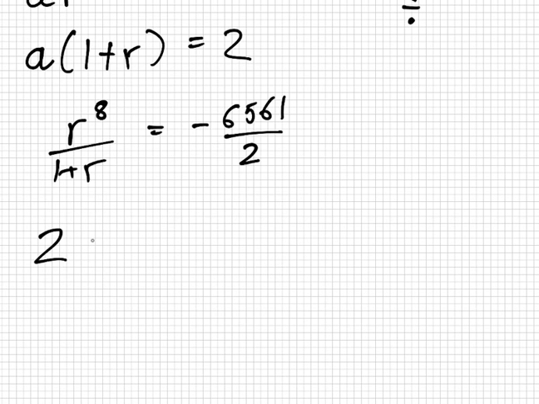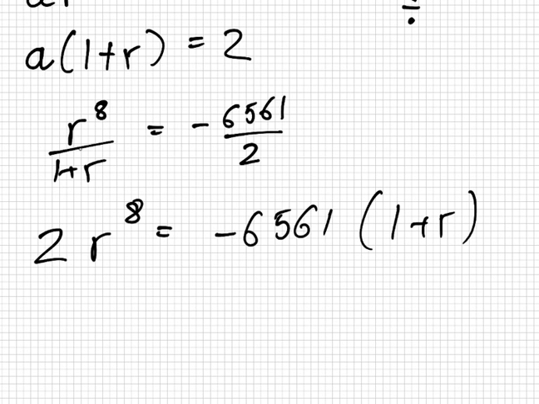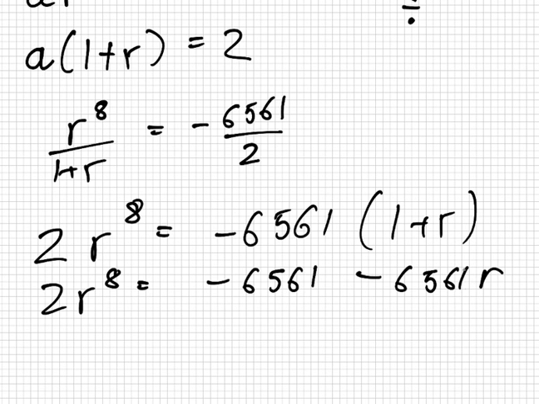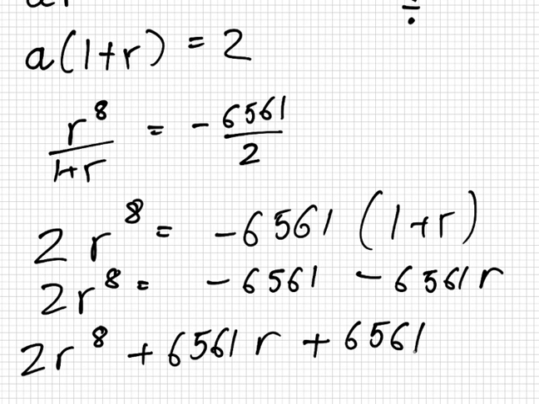So we get 2r^8 equals minus 6561 times (1 plus r). Expand: 2r^8 equals minus 6561 minus 6561r. Bring to the left: 2r^8 plus 6561r plus 6561 equals 0.